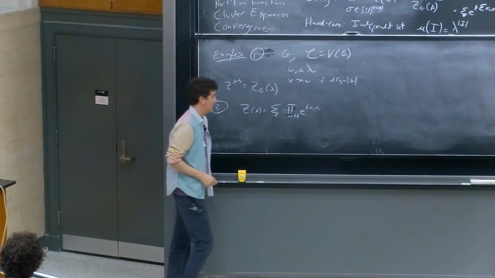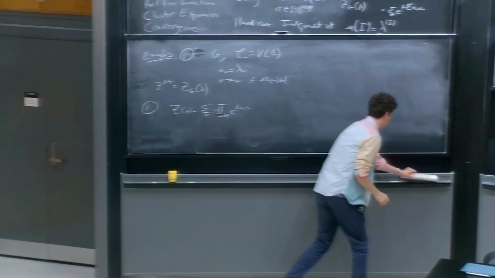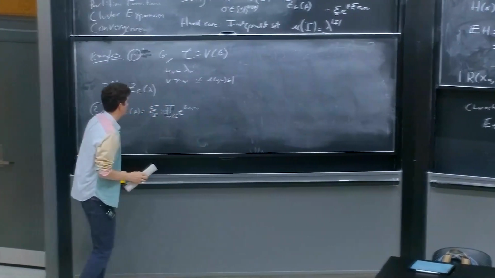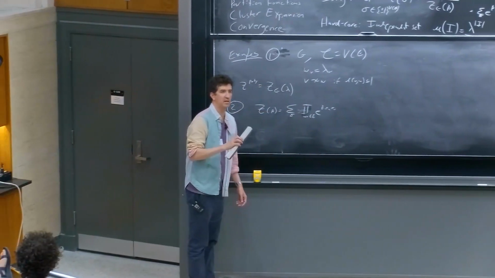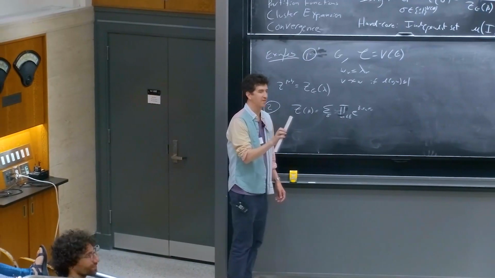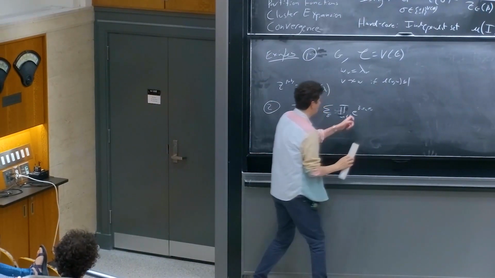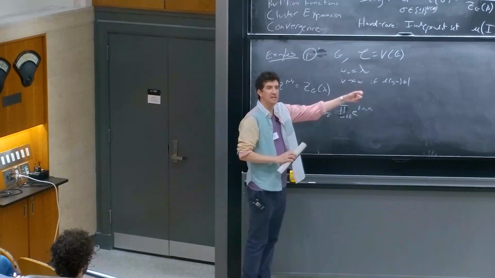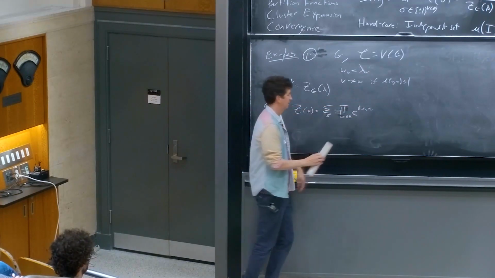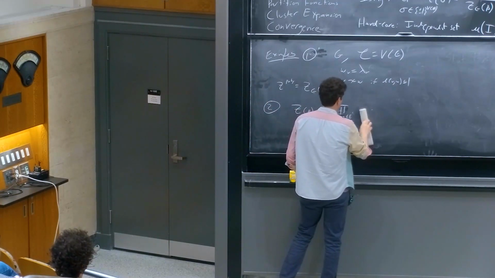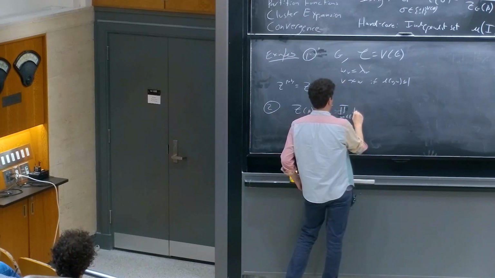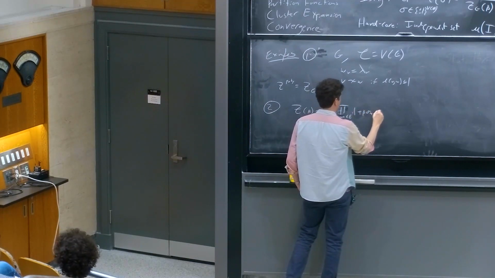Now, just to avoid trigonometric functions, does anyone like trigonometric functions? No, no one likes that. If beta is small, e to the beta is like 1 plus beta, right? So let's just write that. That's just a change of variables. So let's write 1 plus beta sigma u sigma v.